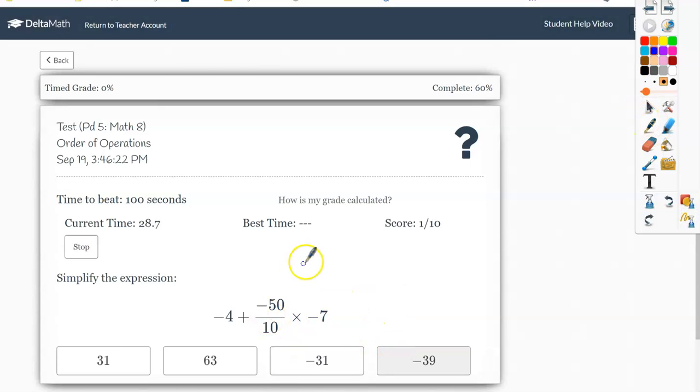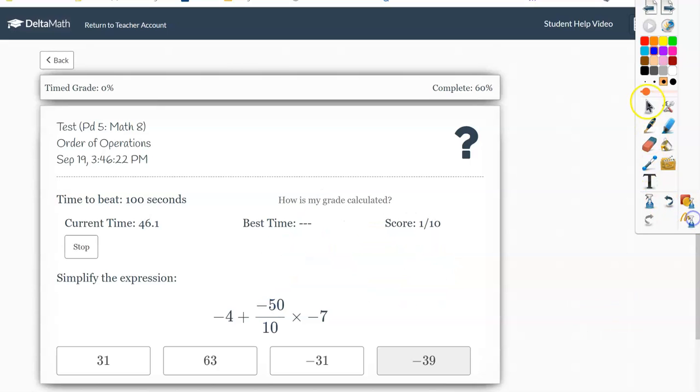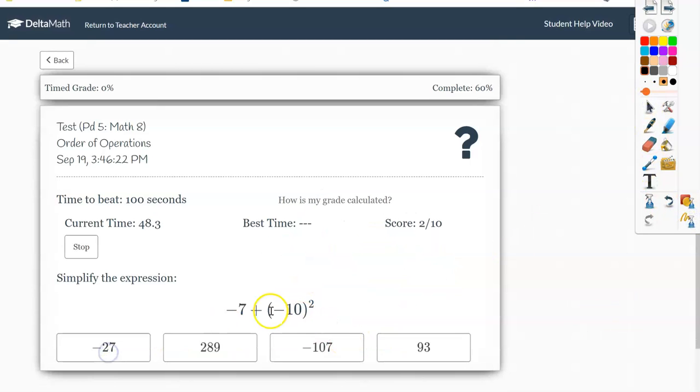Okay, so now I'm going to do this first, and this is going to be a -5. And then I got to do this second because multiplication comes before addition. So -4 plus 35, and this is 31. So type that in.